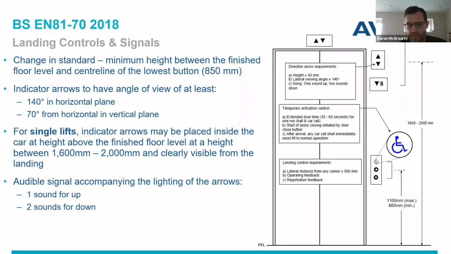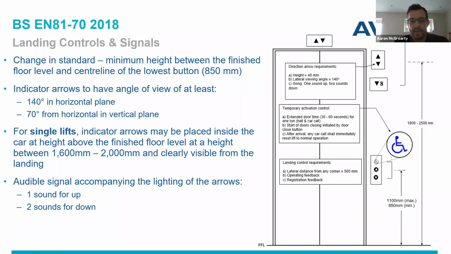Particular attention should be placed on the viewing angle that's present within the displays. You should have a 140-degree viewing angle on the horizontal plane and a 70-degree viewing angle on the vertical downward plane when you're looking directly on. The height of the arrows should also be considered, especially when you're designing your layouts, and that should be a 40 millimeter height minimum. You shouldn't go below that. It's something to be considered when the layouts are being designed.